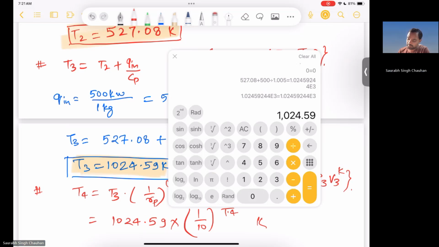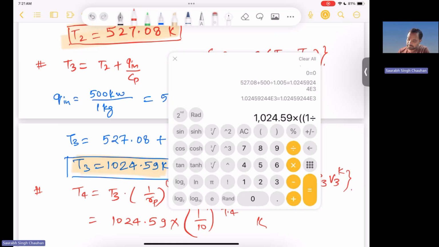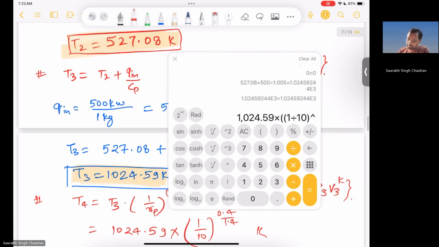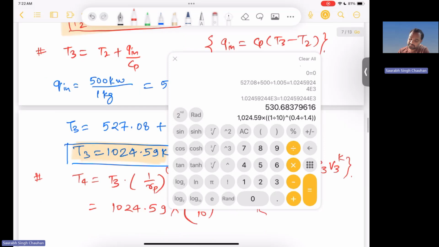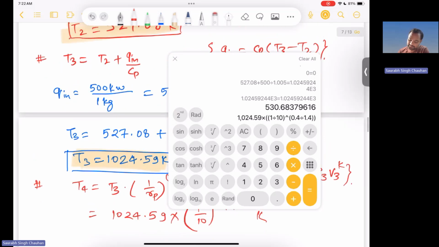1024.59 into 1 by 10 to the power 0.4 divided by 1.4, and you have 530.68.